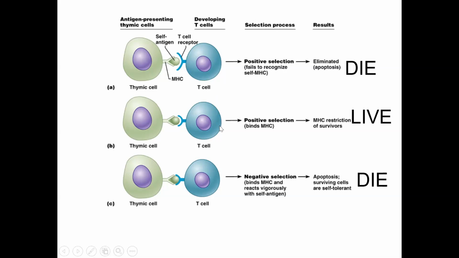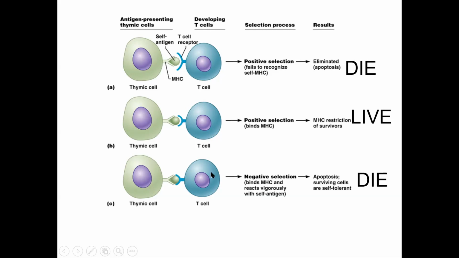Then next step, we already know these T cells can recognize the self-antigen, but they do not react with them. They can recognize the antigen but do not react with it. That's the one we want. Basically, you can distinguish which one is a self-antigen and which one is foreign. If it's self, you recognize it, but you don't react with it. That's the one we want to have.